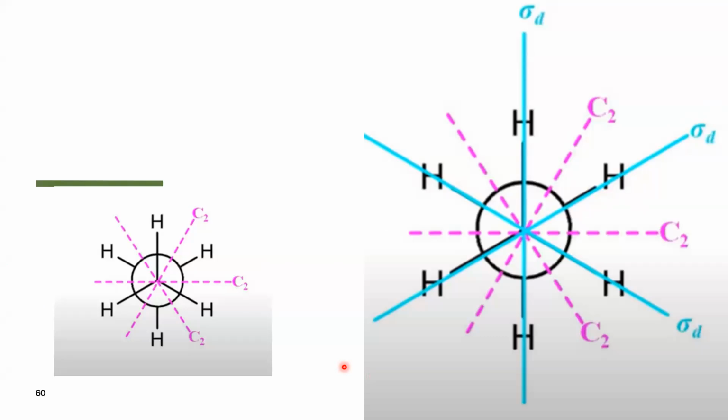So this is with respect to inversion mirror planes, okay? So now you understood part of it at least. How many mirror planes or symmetry planes are there?